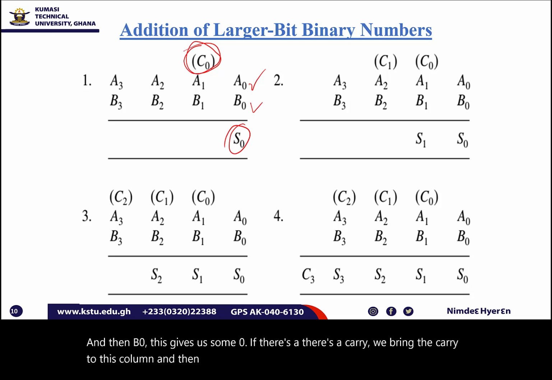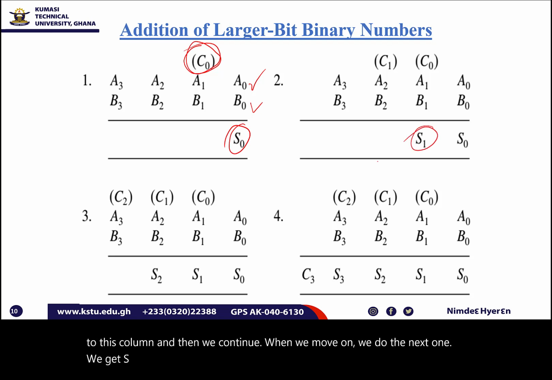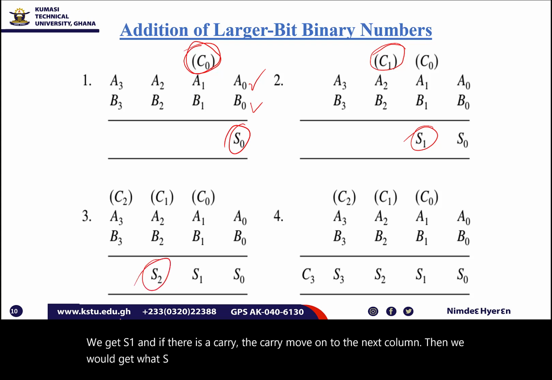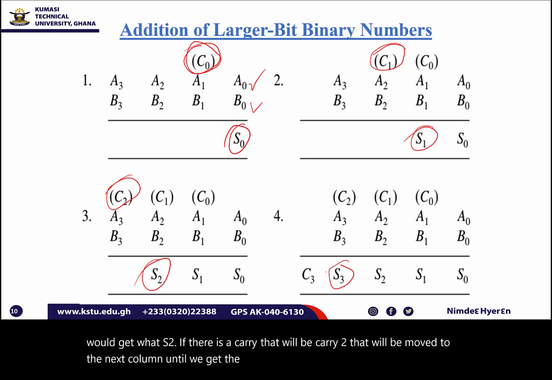When we move on, we do the next one. We get S1, and if there is a carry, the carry moves on to the next column. Then we would get S2. If there is a carry, that will be carry 2. That will be moved to the next column until we get the final S3, and then a carry.